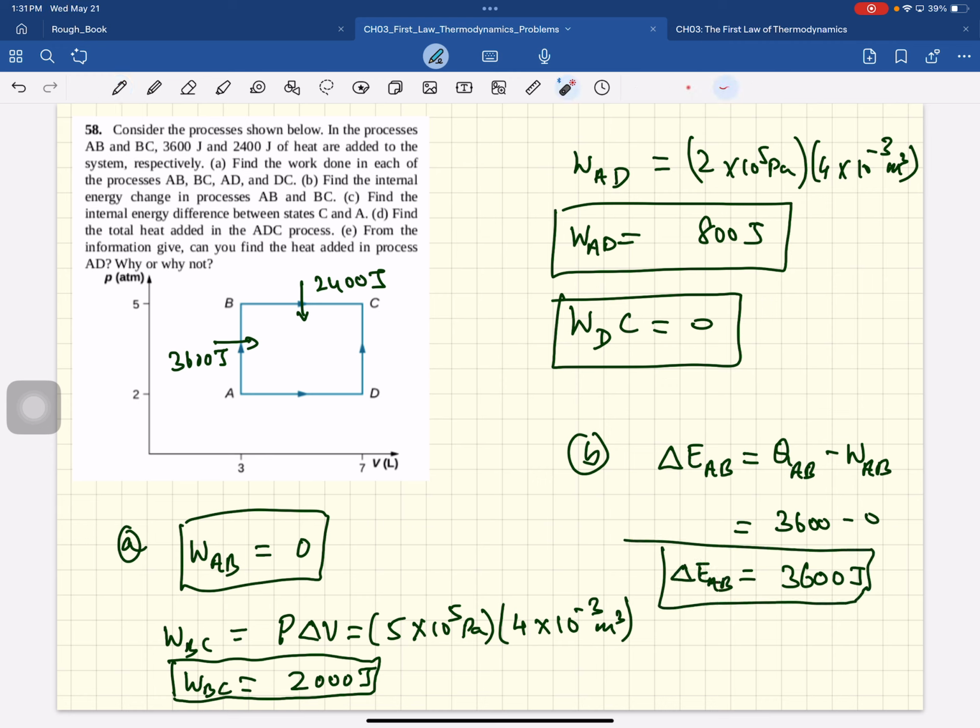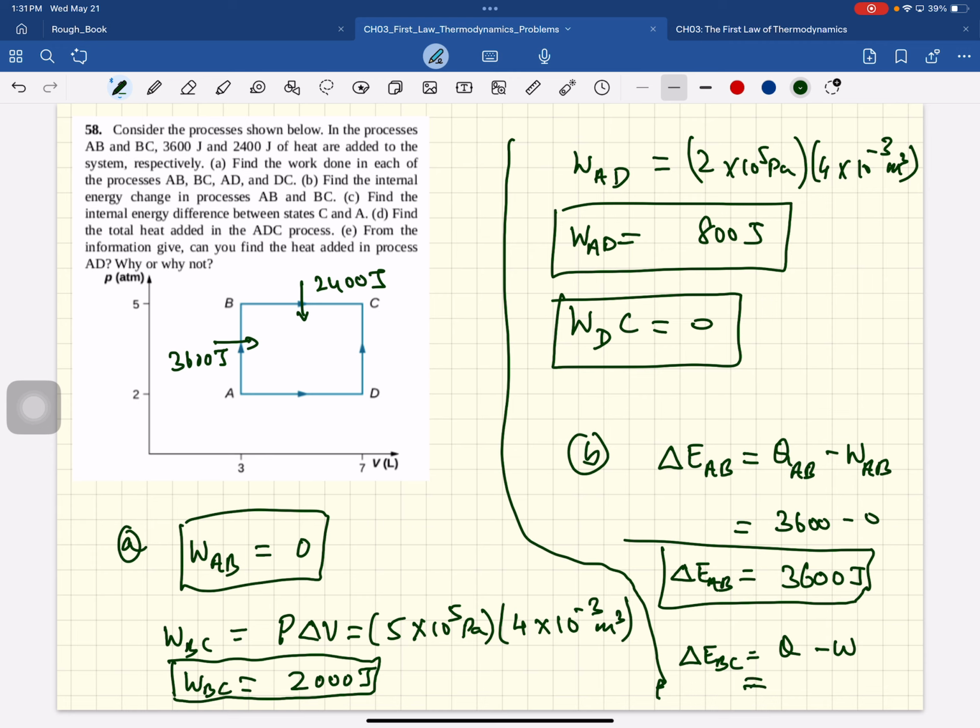So when you went from here to here, the internal energy increased by 3600 joules. How about the change in internal energy for BC? It is Q minus W, which is 2400 joules minus 2000, 400 joules.